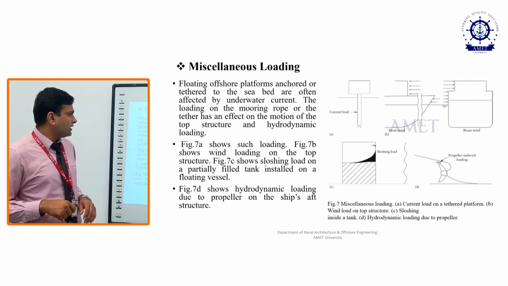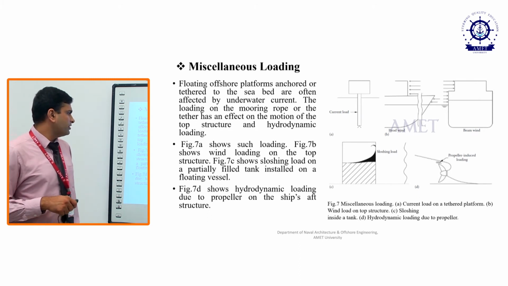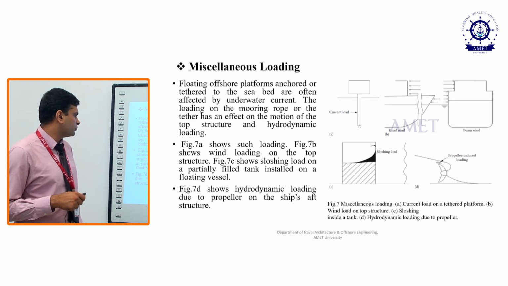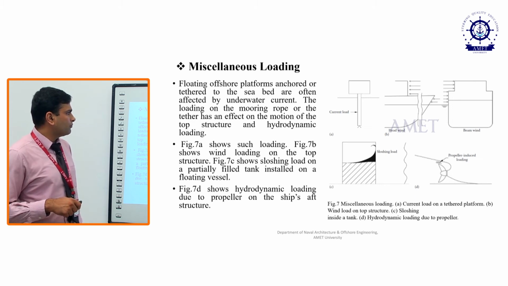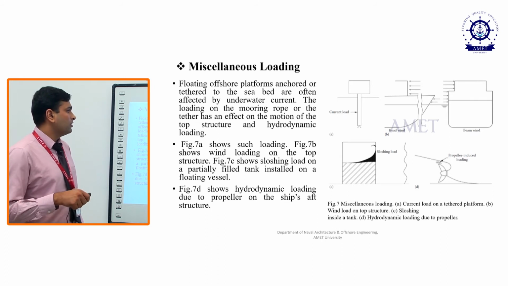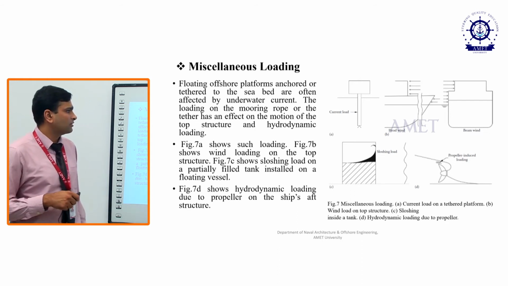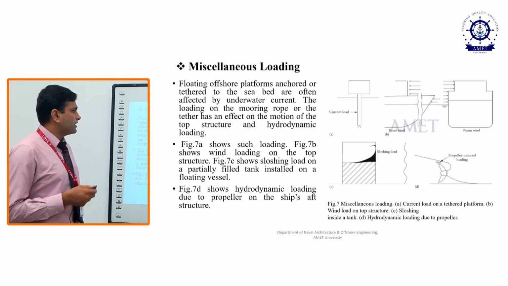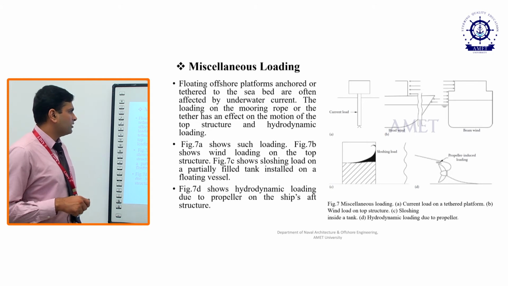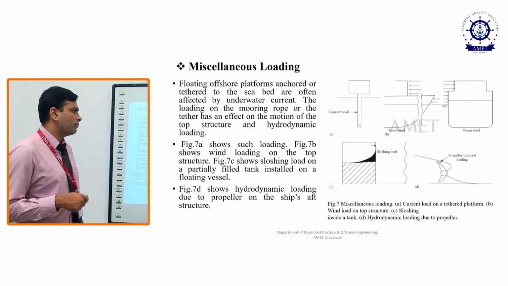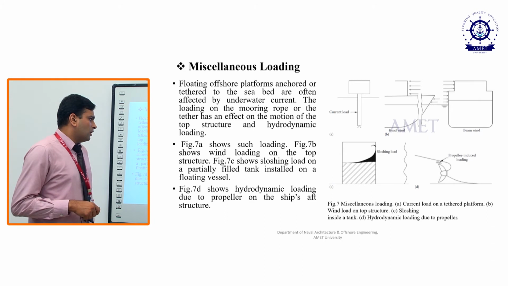In the second diagram, as you can see, the wind is affecting the loading on the top structure. So, the load by the wind may be coming from the opposite side, and there may be a current at the same time which can cause a shear. The same may happen to the ship, where the wind loads can affect the top part of the structure above the water.